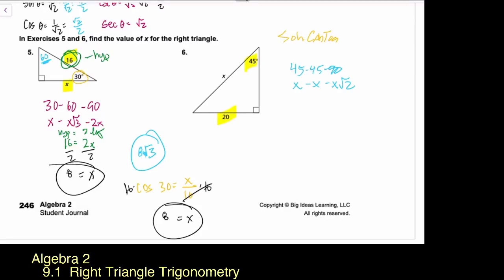So that tells me my leg is 20, the two legs, because remember, this is an isosceles triangle. 90 degrees is leg times rad 2. So 20 times rad 2, just stick that in right there. I found my answer to the hypotenuse, just like that.